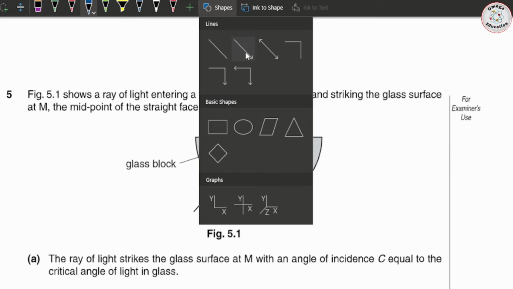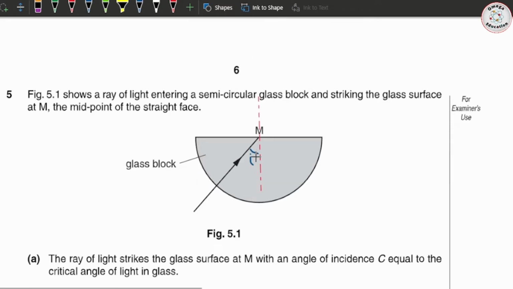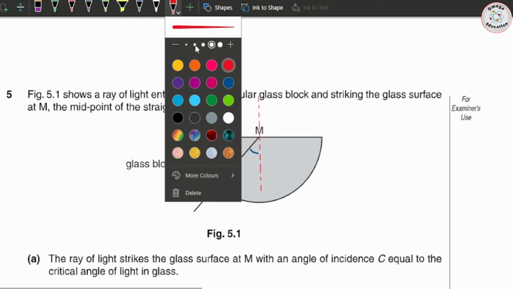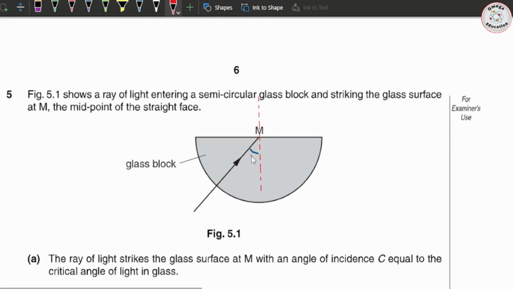So let's say this one is representing the normal line, and the angle of incidence would be over here. And that angle of incidence is the critical angle.